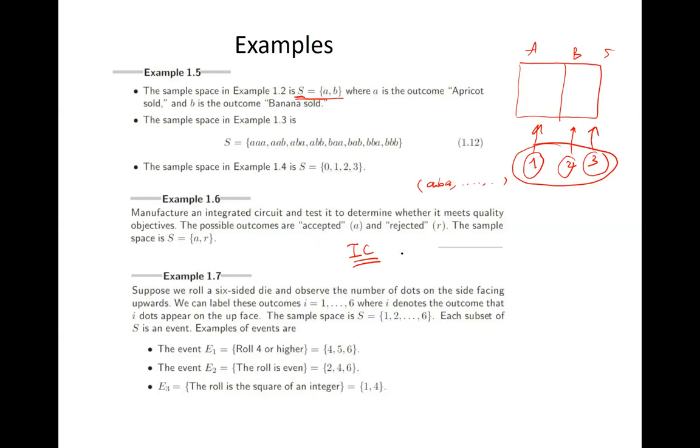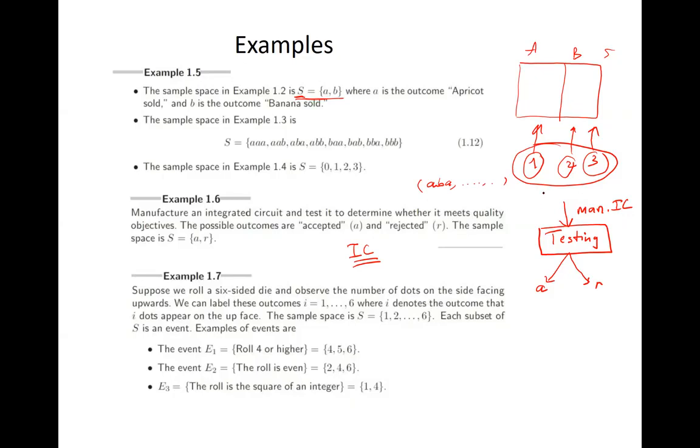So here is the manufactured IC testing, and the result is either accepted, A, or rejected, R. Okay, there's no other option.